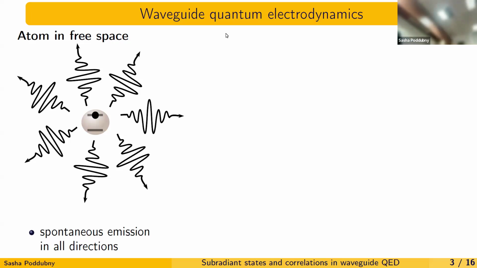The photon can be emitted everywhere, and also the interaction of a free-space photon with an atom is not so strong, just because basically the atom is small and the photon is a wave which propagates everywhere. So interaction of a plane wave with a small atom is usually not so strong.